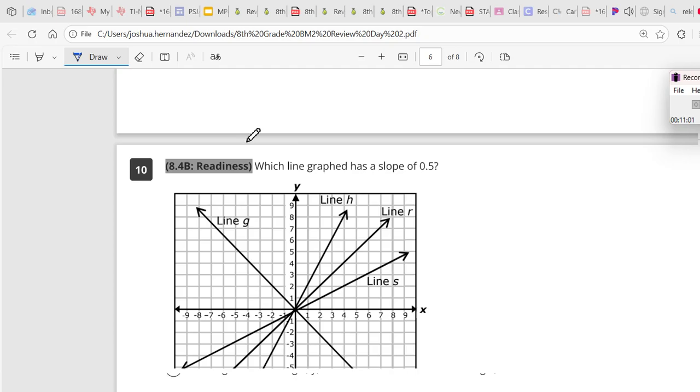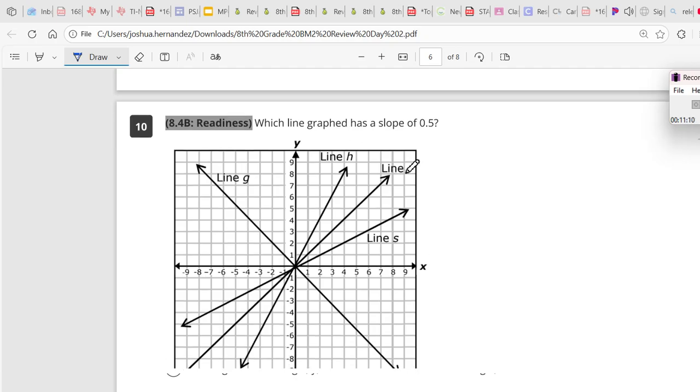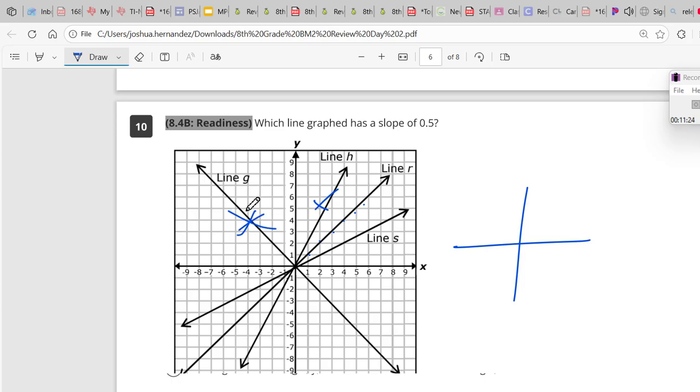Okay, sorry. Which graph? Oh, 0.5. Okay, so I'm going to tell you this much. When you have the graphs and it's going straight to the corners like this, that's 1. Anything greater than that is bigger than 1, so it can't be that one. This is negative, so it can't be that one. So it has to be this one here.